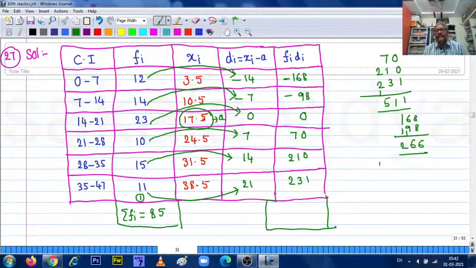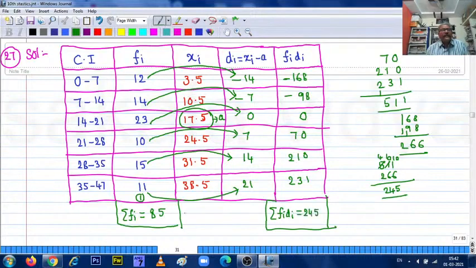From 511 subtract 266. So it won't go. You take here 10 borrow, here it will be 0 and borrow 10, it will be 4. 11 minus 6 is 5, this is 4, 245. You will be getting 245. So that means we need to write sigma Fi di equals 245.